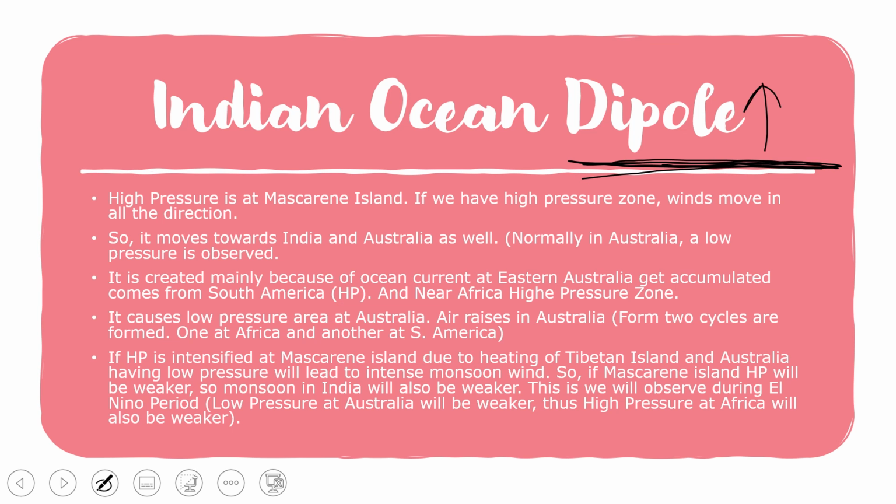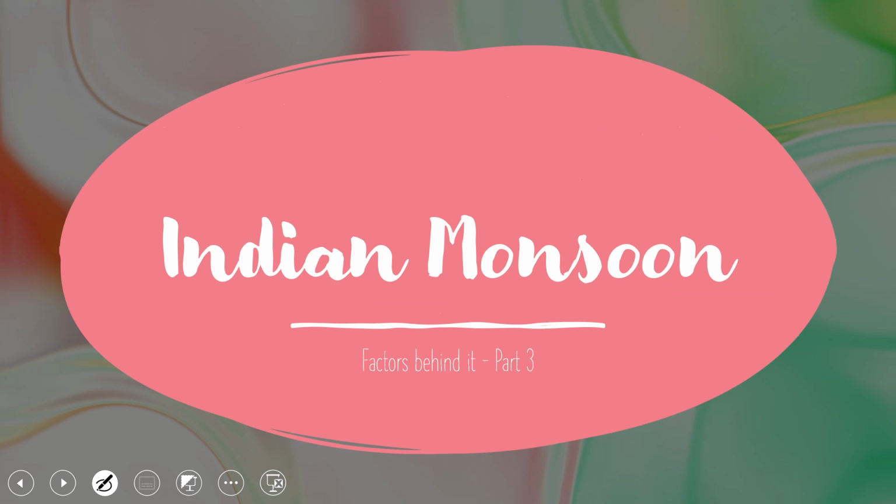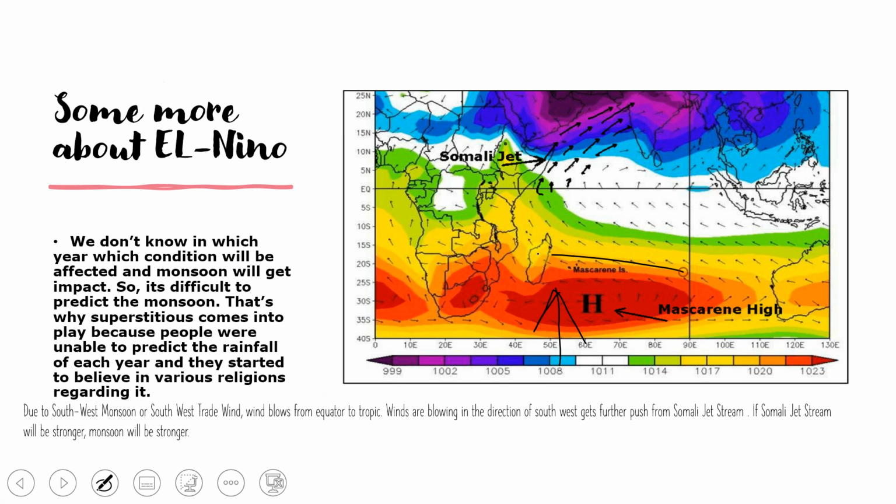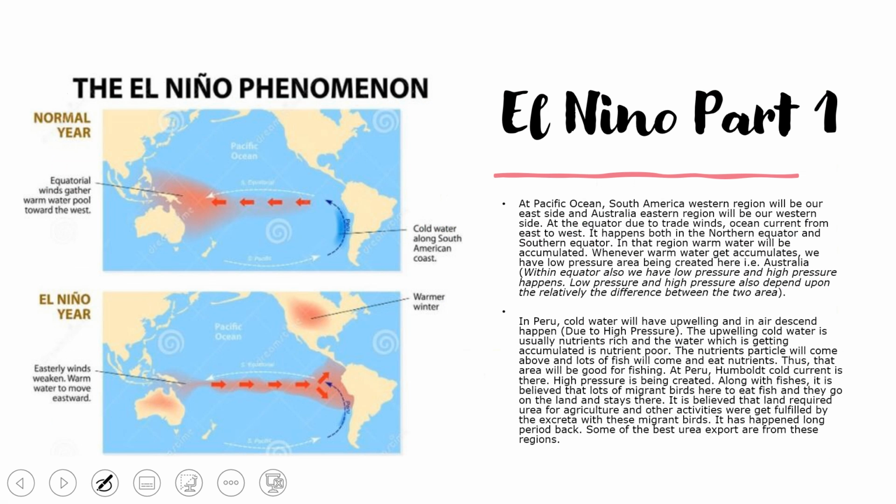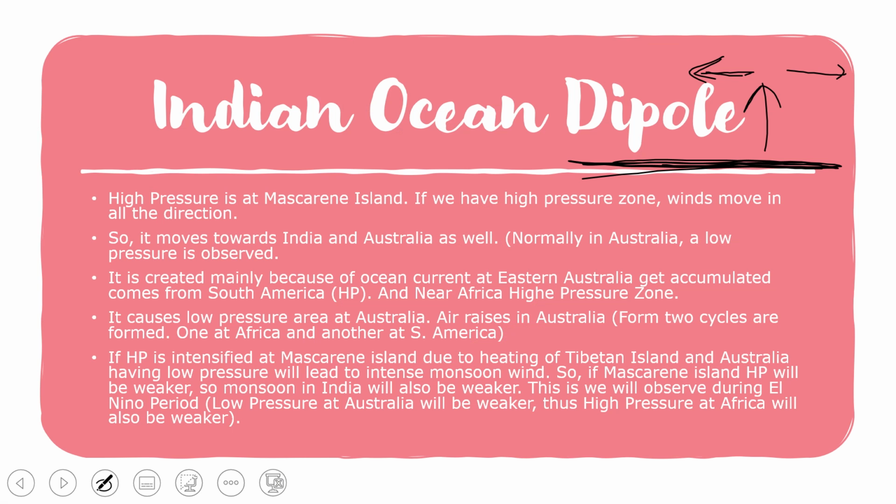Now it will hit the troposphere, and when it hits the tropopause, maybe at 50 kilometers, this wind will move in all directions at the top of the atmosphere, and one direction will move towards the Mascarene Island too. This low pressure I am talking about is Australia.